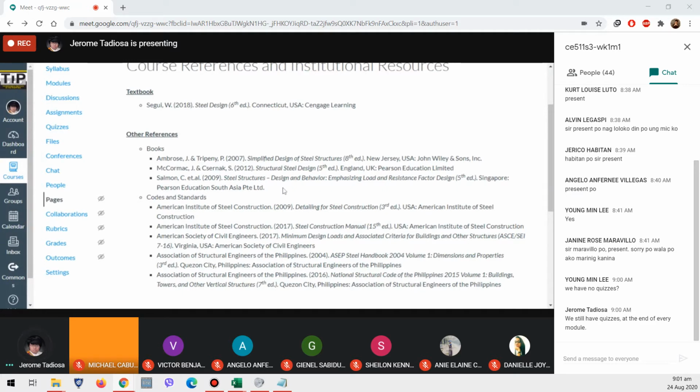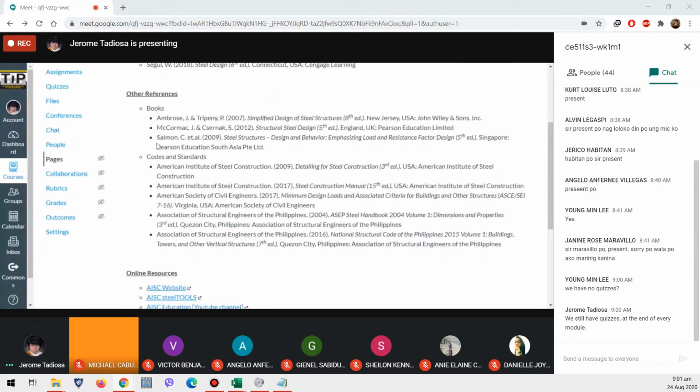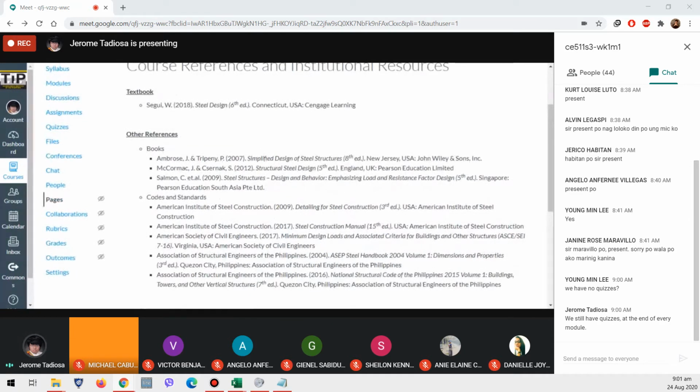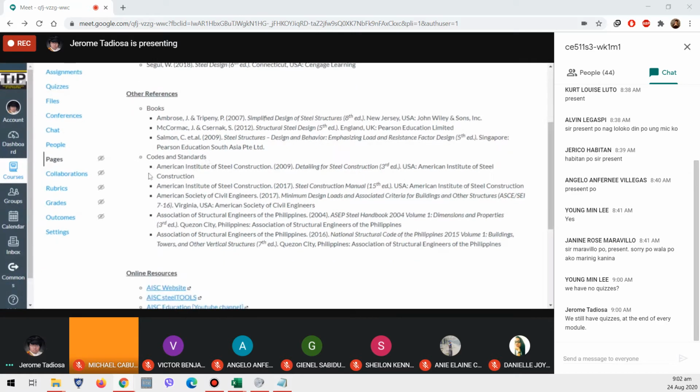Other books, apart from Segui, I also use Salmon, and I also use McCormac and Ambrose, but the use of these is very limited. For codes and standards, I mainly use the NSCP 2015.